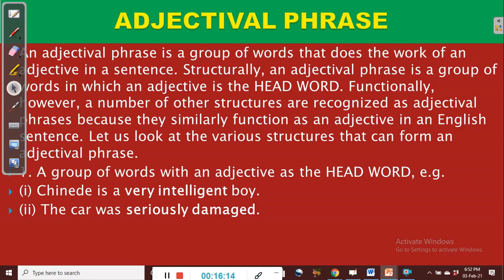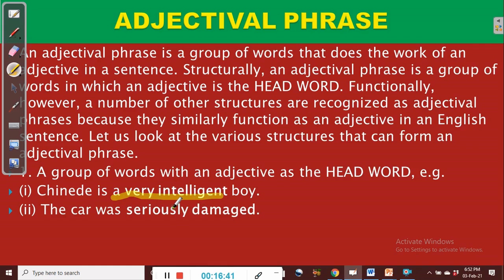For example, here we have: Chinede is a very intelligent boy. You can see "a very intelligent." "A" is an indefinite article, a modifier. "Very" is an adverb of degree, and "intelligent" is an adjective.